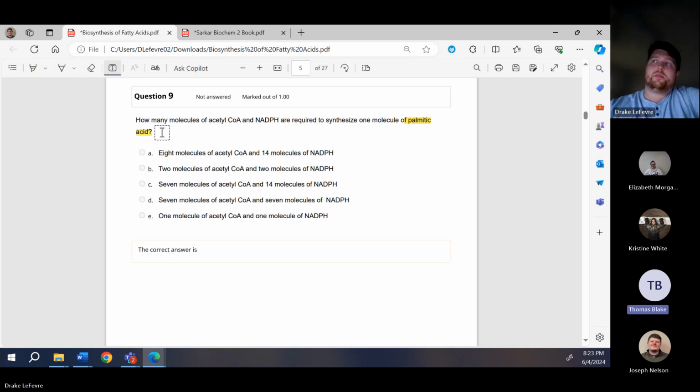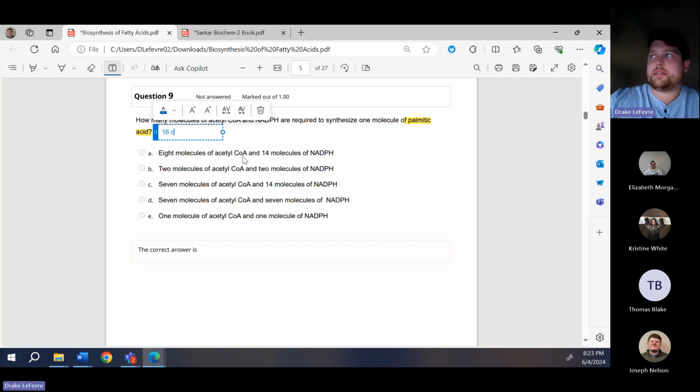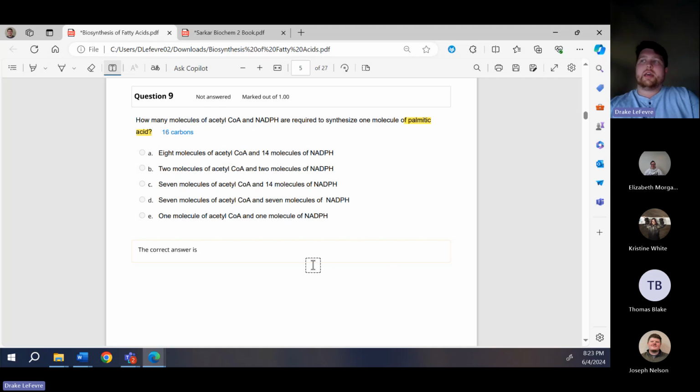Isn't it a 16 carbon fatty acid? Good, yeah, 16 carbons. So if we have 16 carbons and every acetyl-CoA has 2 carbons, how many acetyl-CoA are we going to need? 8? Yeah, so immediately we can cross out some, actually, all of them, because the only one that says 8 is A. We need 8 molecules of acetyl-CoA, and then we will also need 14 molecules of NADPH.